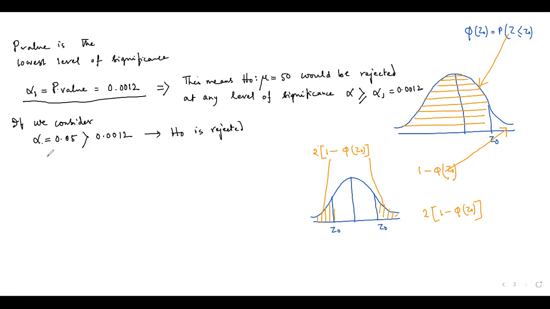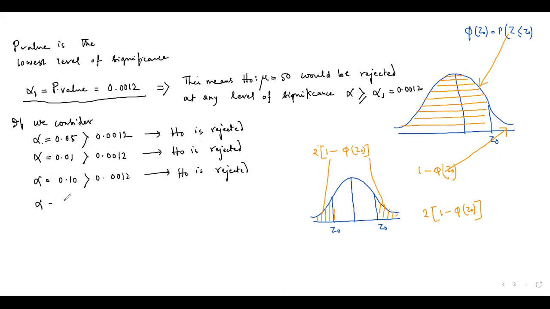If I consider our alpha to be 0.01, which is definitely greater than 0.0012, H naught is rejected. If I consider our alpha to be 0.10, which is greater than 0.0012, H naught is rejected.